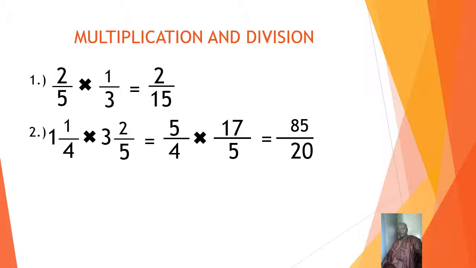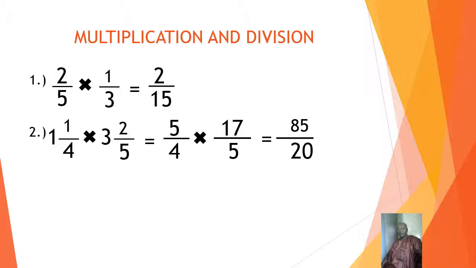Then the other part, which is 3 whole number 2 over 5, should be done by saying 5 times 3, which is 15, plus 2, which is 17, over 5. Now what we have done to number 1 should also be done to number 2 at this point by saying 5 times 17, which is 85, and 4 times 5, which is 20.